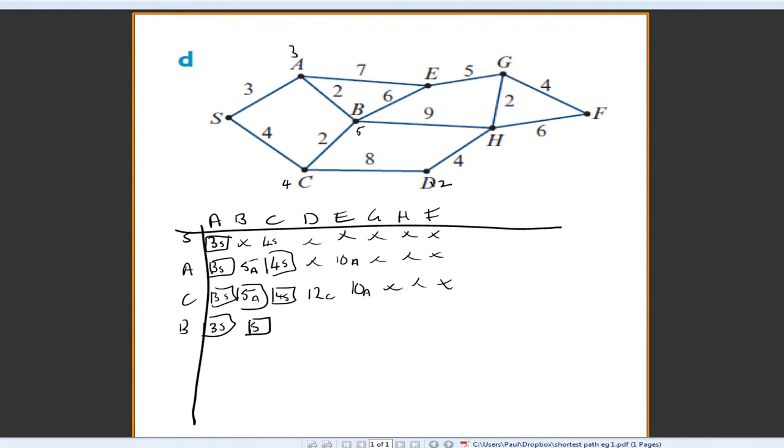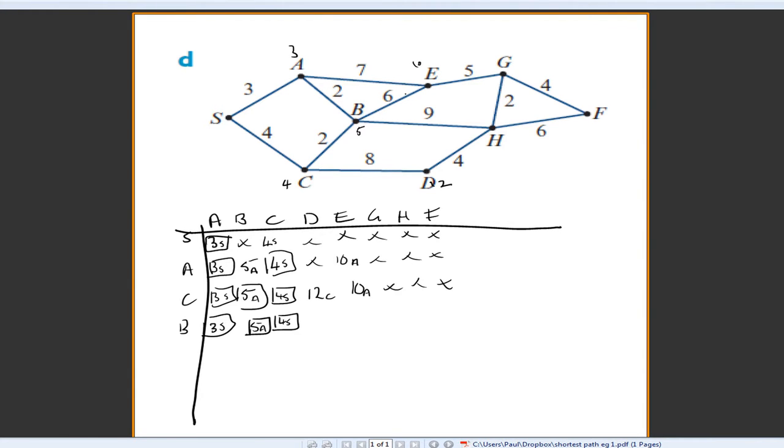3S, 5A, 4S. Alright, now where are we? We're at B. From B we can get to E or we can get to H. Now E at the moment is 10. Alright, let's see what's going to happen. This will be 5 plus 6, which will be 11. 11 won't beat 10.